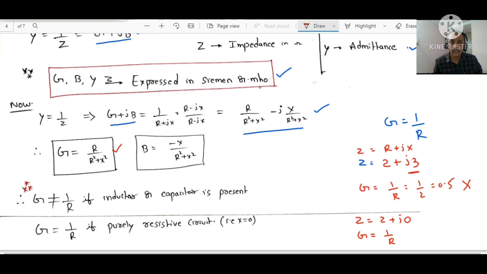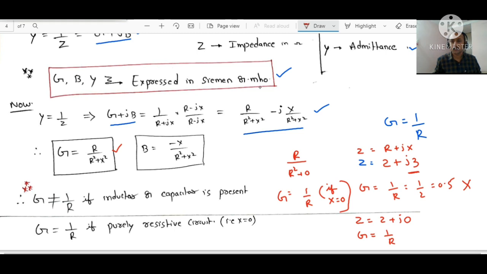Because in the given question 2 plus J0, as X equal to 0, what happens? R divided by R square plus 0 square, nothing but R by R square is equal to 1 by R. G equal to 1 by R. When? If X equal to 0.